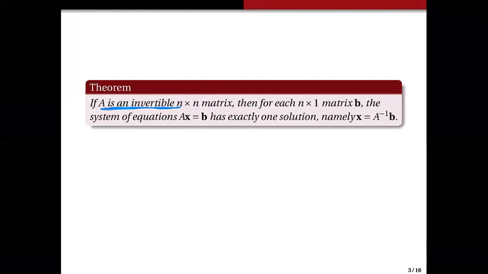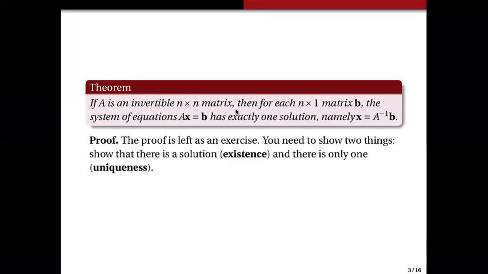Okay? So how is this proved? It's written here actually. The proof is left as an exercise. Okay? You need to show two things. Show that there is a solution, okay? So show that this system has a solution, and then show that there is exactly one solution, okay?